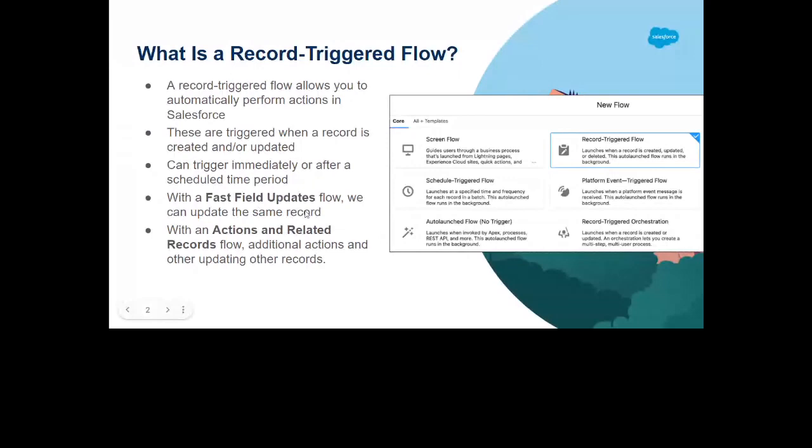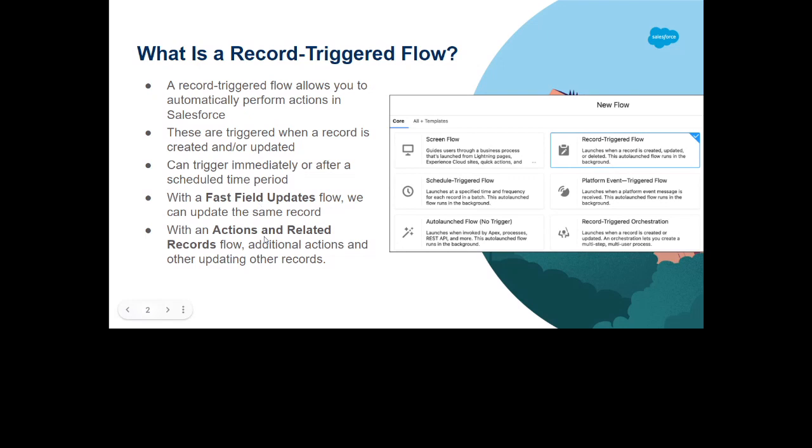If you want to send an email, if you want to look up other objects and do some changes on the records of other objects, we can't do that in fast field updates. But essentially, as the name suggests, it is a much more optimized and efficient flow. So it runs really fast compared to the actions and related records flow.